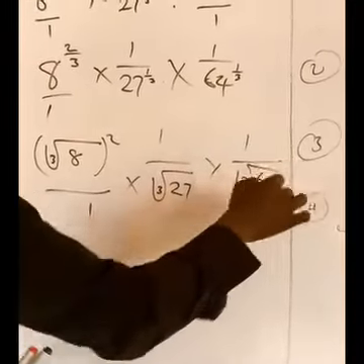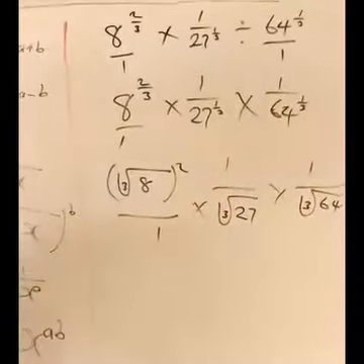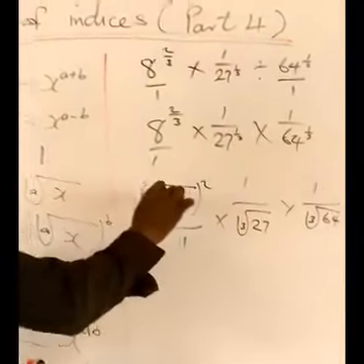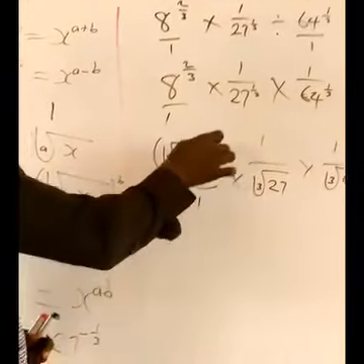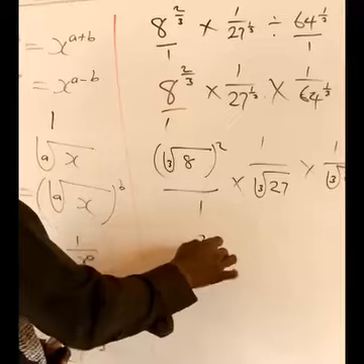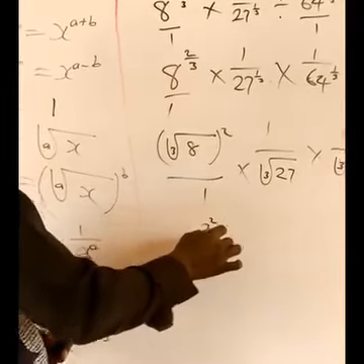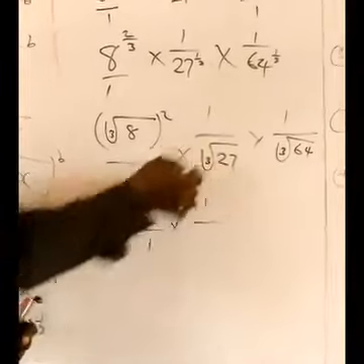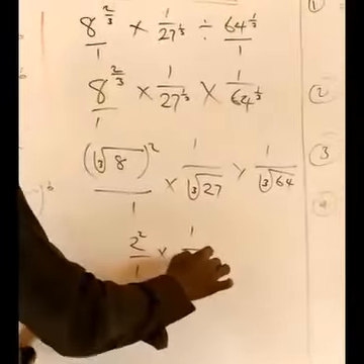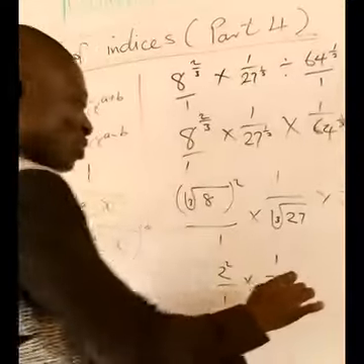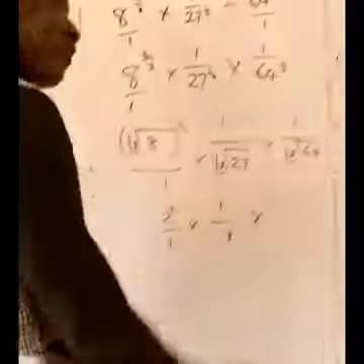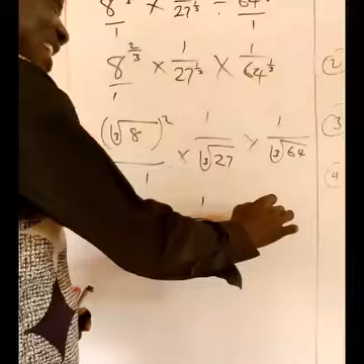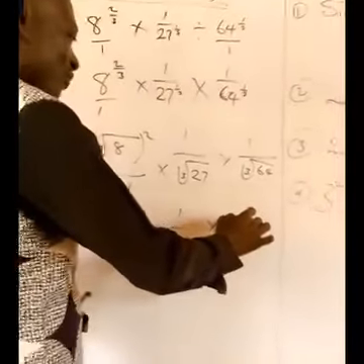We will also not say raised to power 1. Then what do we have? Cube root of 8 here is 2, then raised to power 2, raised to power 2 over 1 times 1 over cube root of 27 is 3. There's no power to raise to. Times cube root of 64 is 4.